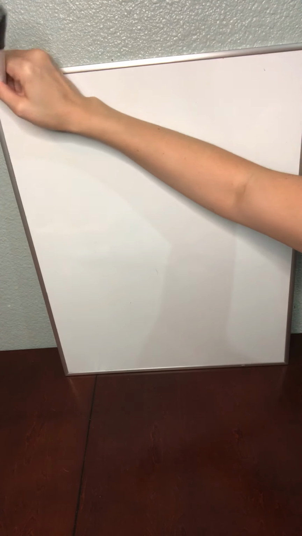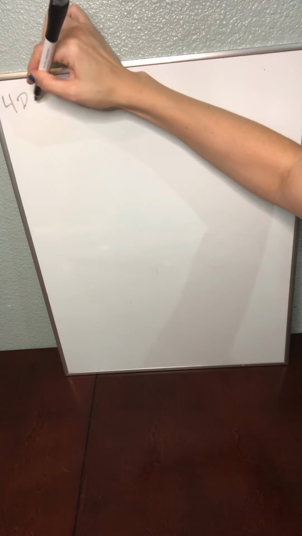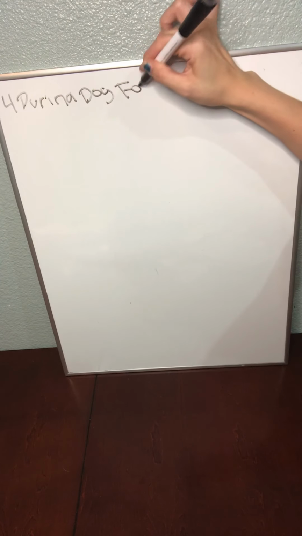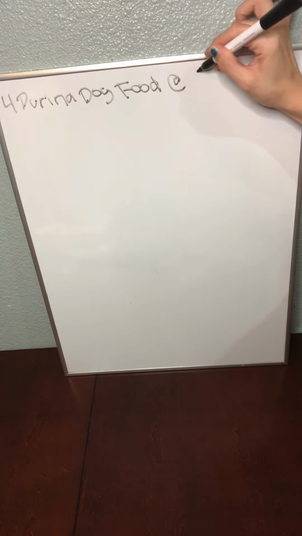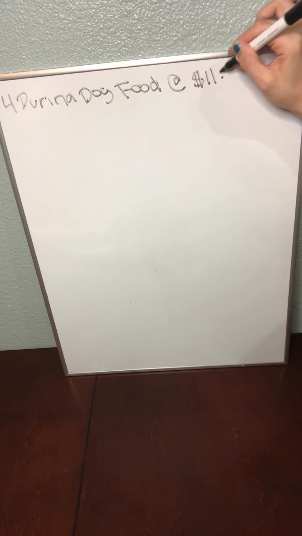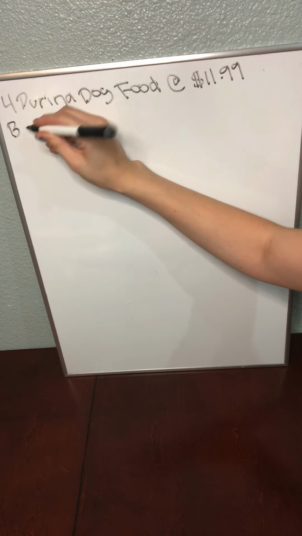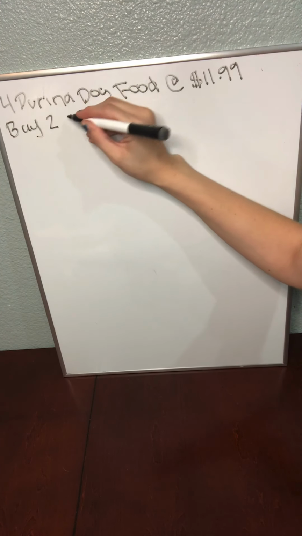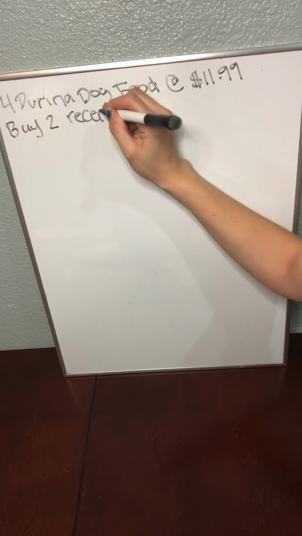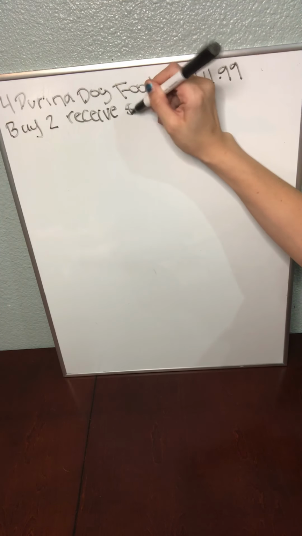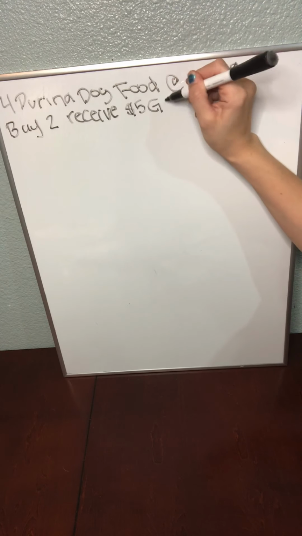Okay, so today we are going to be buying 4 Purina dog food at $11.99 each. We have a deal going on where if we buy 2, we're gonna receive a $5 gift card.